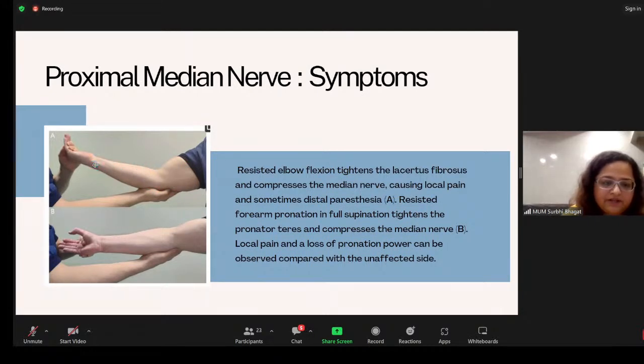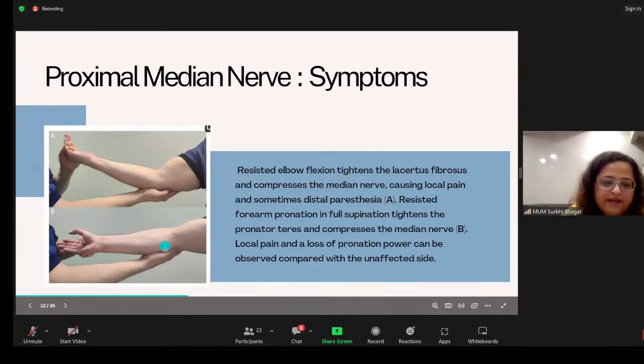So resisted elbow flexion is a test for lacertus fibrosus. And when the forearm is in full supination and you resist the pronation, you compress the pronator teres muscle. If it is compressing the median nerve between its two heads, there will be distal paresthesia. So these are the two tests for pronator teres and lacertus fibrosus.